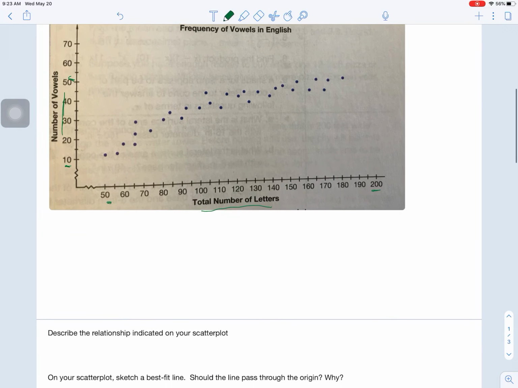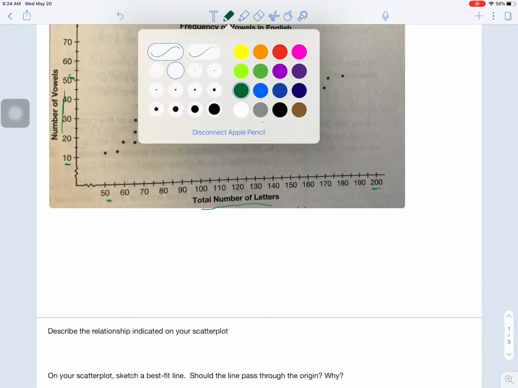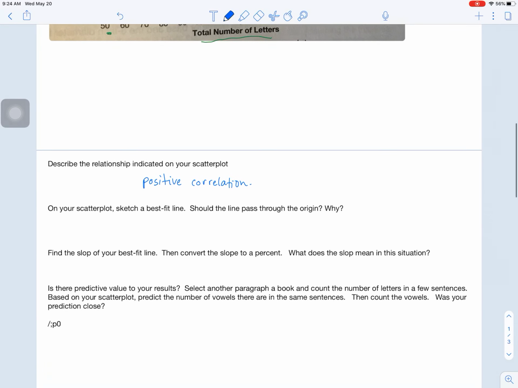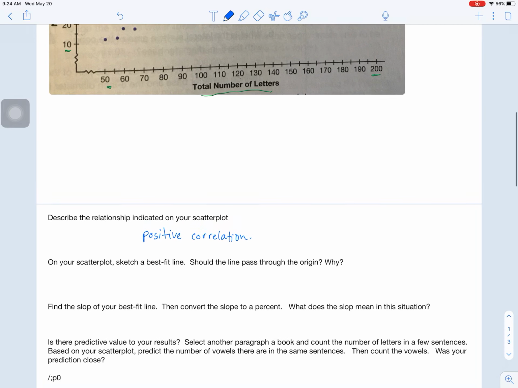Describe the relationship indicated on your scatter plot. Now, we had talked about this already, and this is a positive correlation. So I've written that down, positive correlation. On your scatter plot, sketch a best fit line.